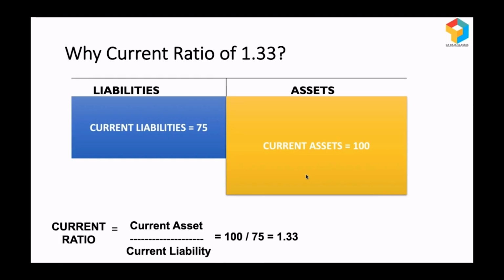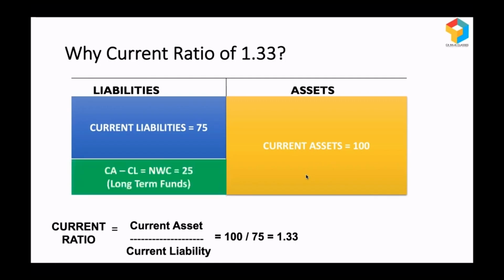So when the current ratio is 1.33, automatically what we can infer is 75% of the current assets are funded by current liabilities, and what we can derive is the remaining 25% of the current assets are funded by long-term funds. Because current asset minus current liability we call as net working capital, right?